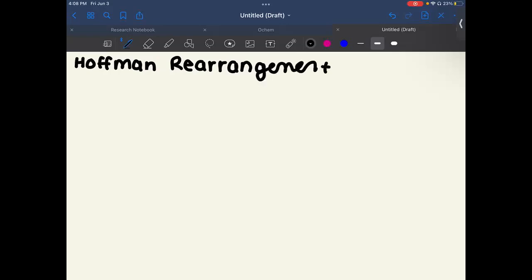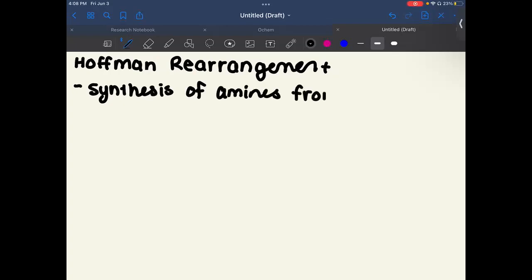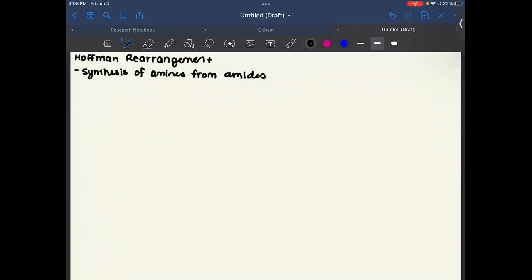All right, and basically the description of the Hofmann rearrangement is that it is a synthesis of amines from amides. So if we're going to look at the general reaction for the Hofmann rearrangement, we're going to see a molecule like this. This is just going to be our example with the primary amide.